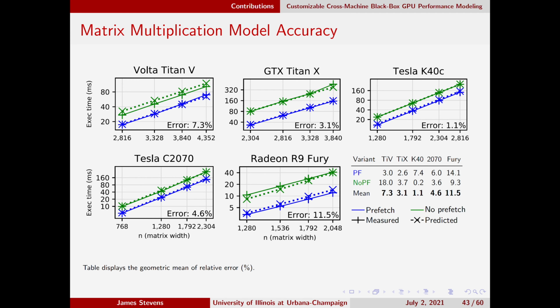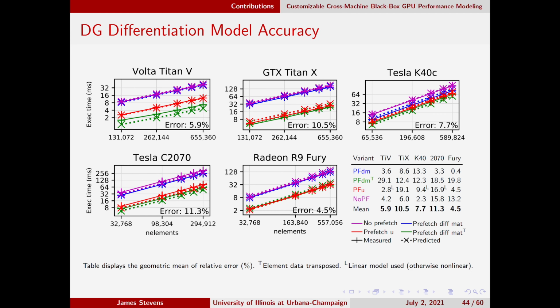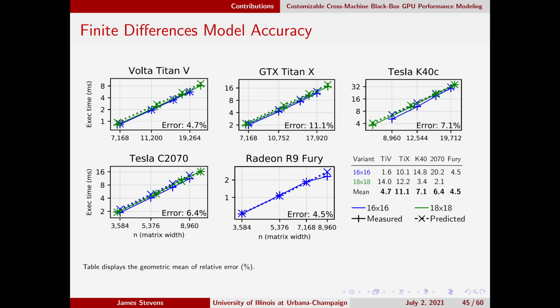And you can see how these results predict well enough to help select between variants. I'm just showing these briefly, and if you'd like more details, please read the paper. These are variants of a component of a discontinuous Galerkin computation, and these are variants of a finite differences stencil.